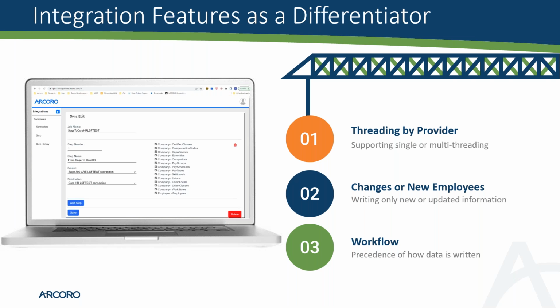So only changes or updates and new employees will go. That reduces the traffic, if you will, right? Next up is workflow, precedence on how data is written. Some vendors want you to send employees first and then send payroll. Some want you to send payroll data first, then employees. So it's all dependent upon what that other system needs. We build around that.